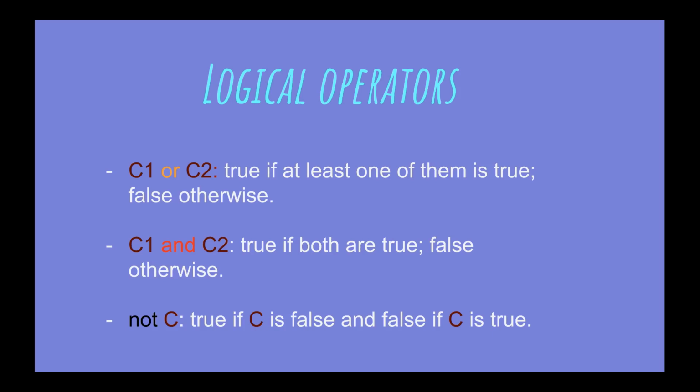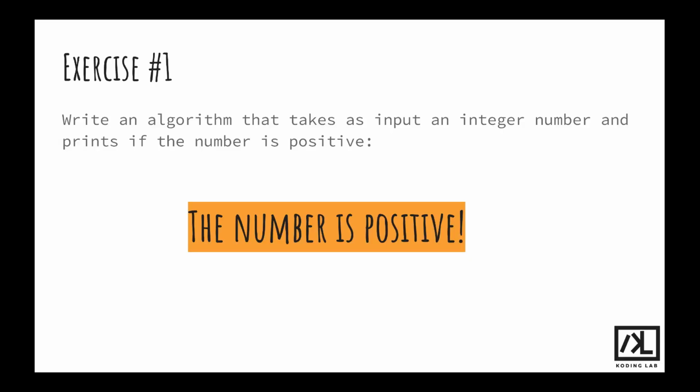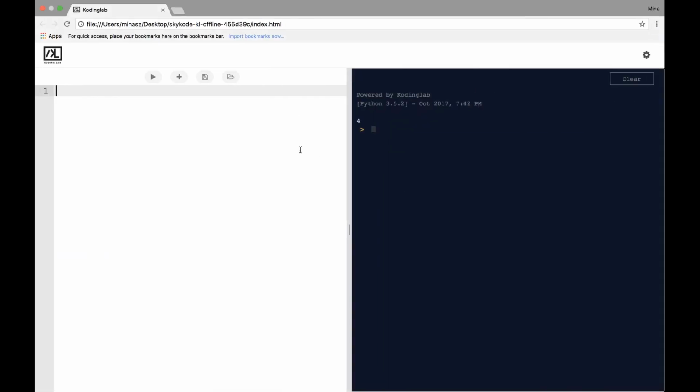So let's take simple exercises to understand more the if conditions. Exercise number 1 says to write an algorithm that takes as input an integer number and prints if the number is positive. So let's see. We are going to take a number as input. So eval input, enter a number.